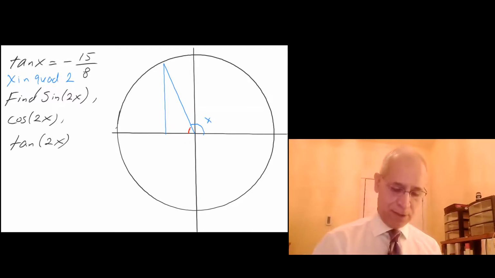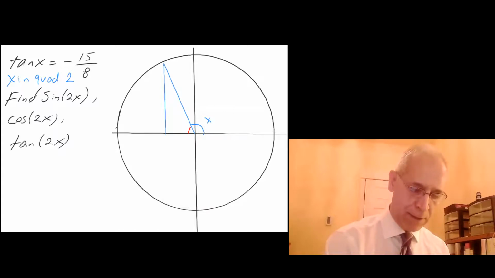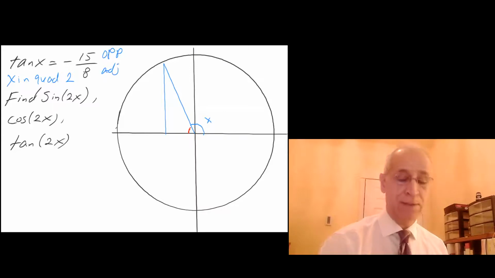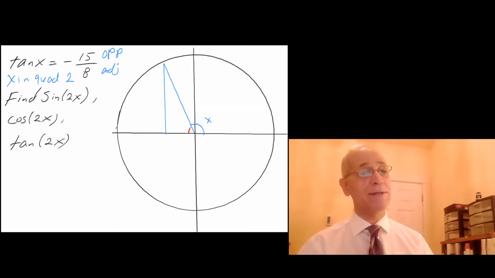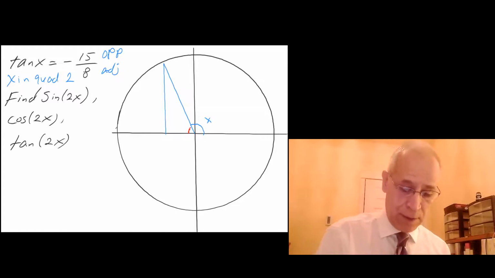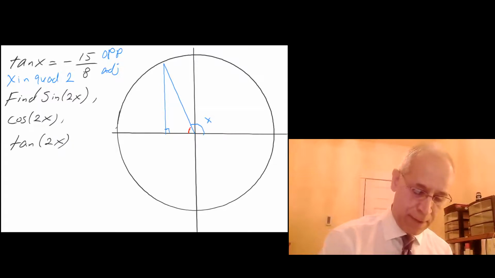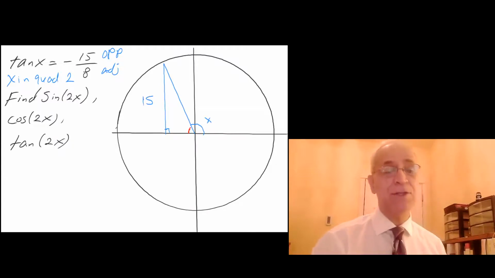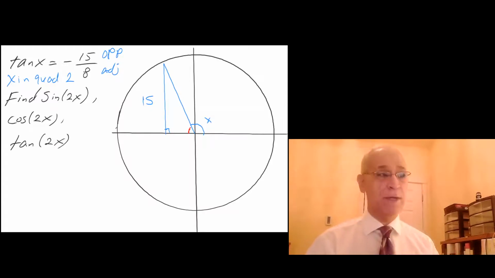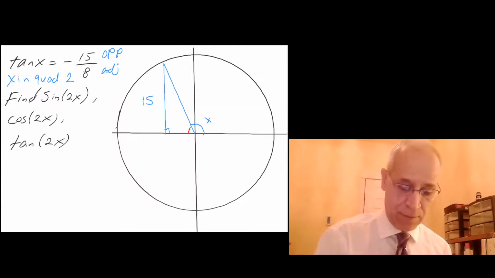I know by definition, tangent is opposite over adjacent. And since I'm in quadrant 2, the side opposite is positive 15, and the adjacent is my negative value. So I'm going to put negative 8 in here.